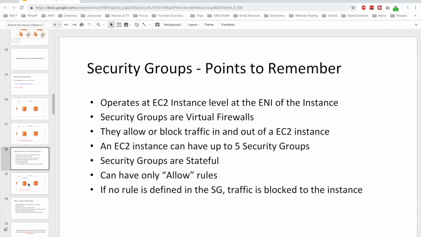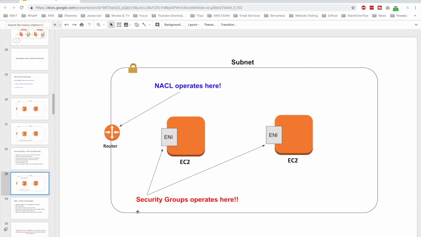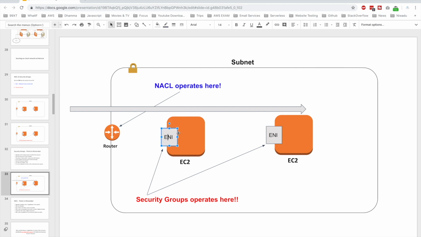So let's move on. How about NACL? Now, we learned that security groups operate at the ENI of an EC2 instance. Now, NACL operates at the subnet level. NACL is like a gatekeeper, right? So the traffic is flowing in this direction. It will first meet the NACL that is operating at the router or subnet level, and then only it will meet the security group at the ENI of the EC2 instance.